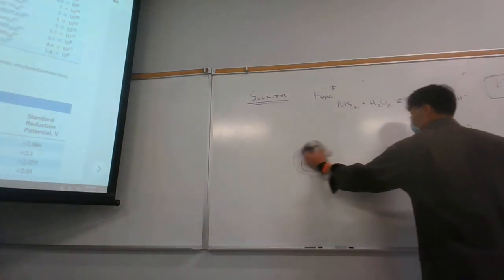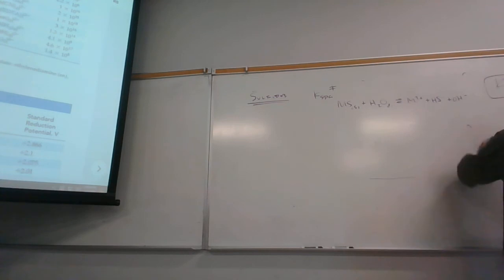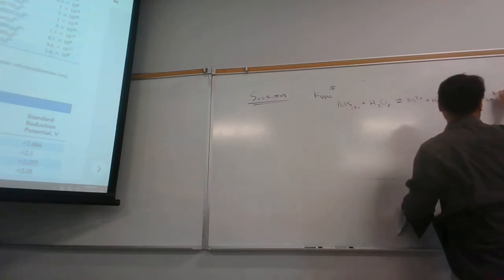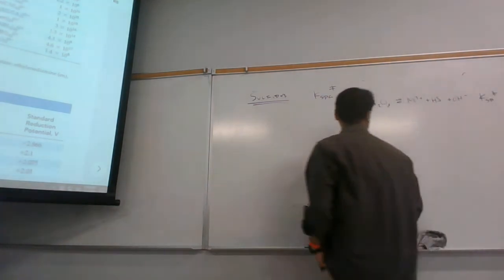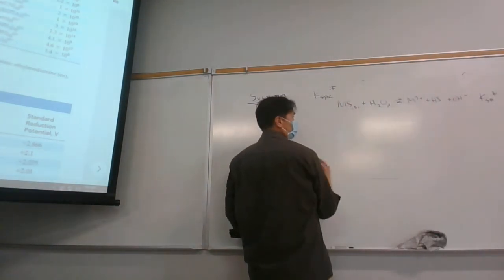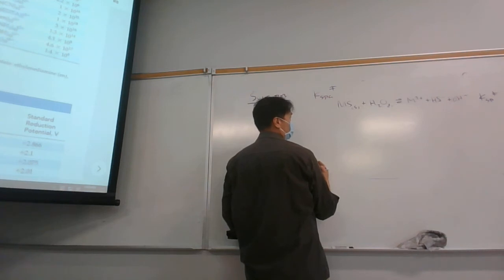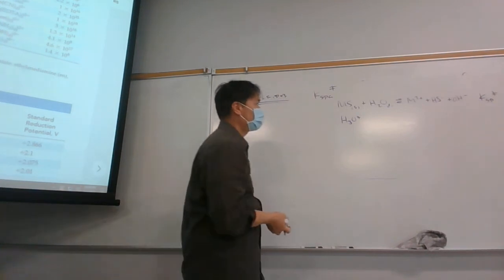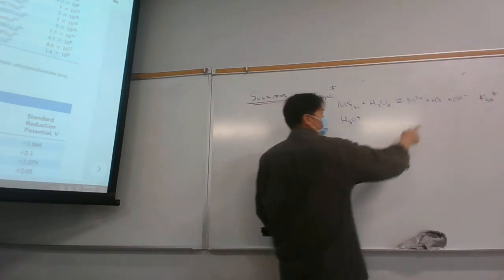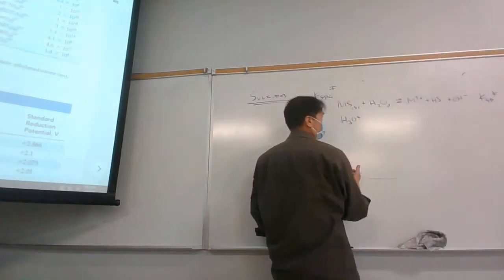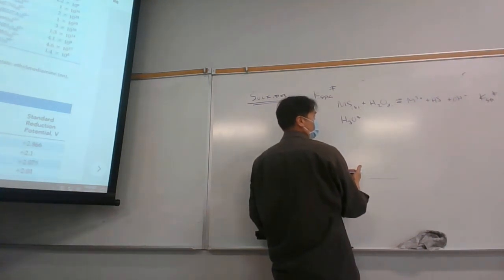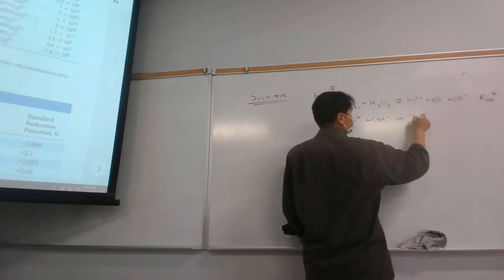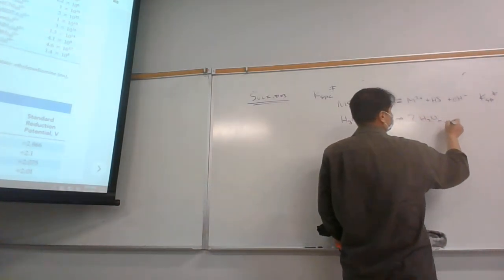I'm just rewriting it here. So this is our KSP double dagger. And we have to add hydronium to this to react with the sulfide. Now if hydronium is going to attack something, what would it attack first? The HS minus or the OH minus? The OH minus. So hydronium plus hydroxide is going to form 2H2O liquid.